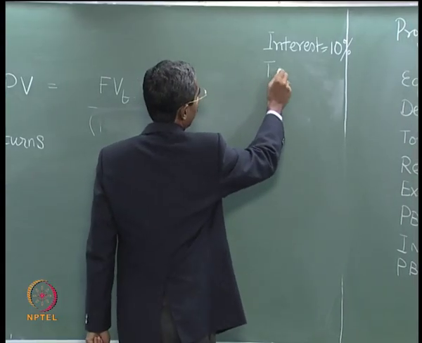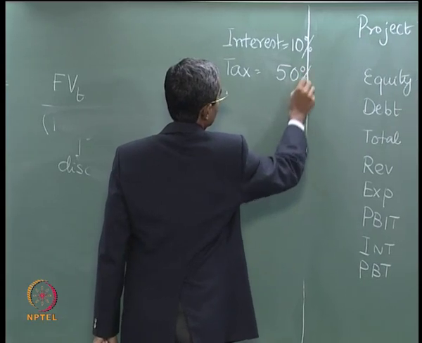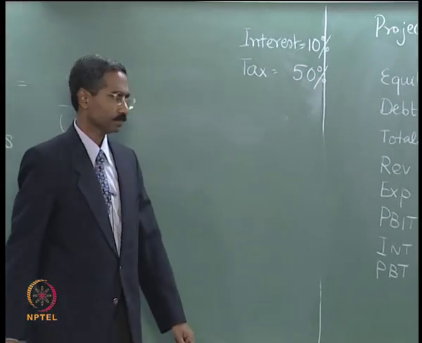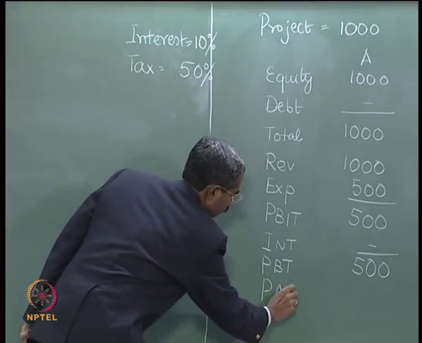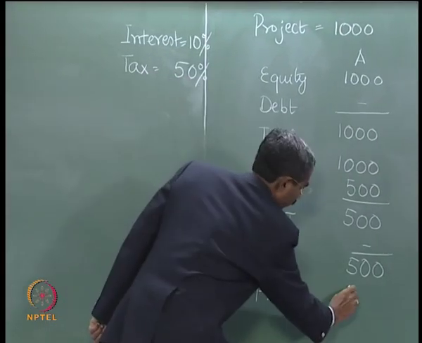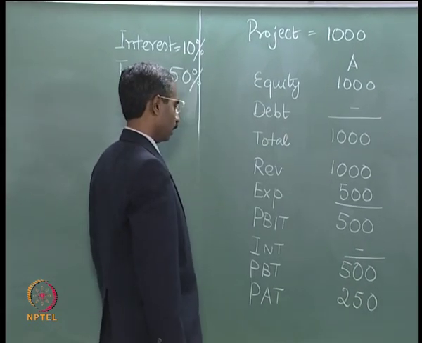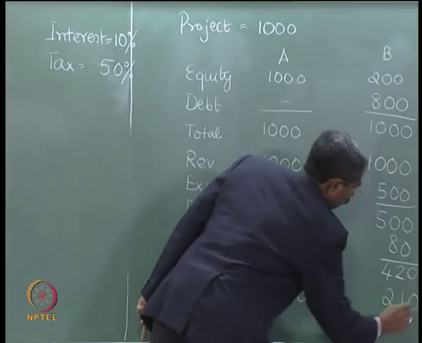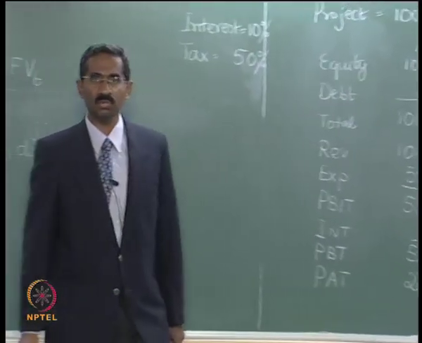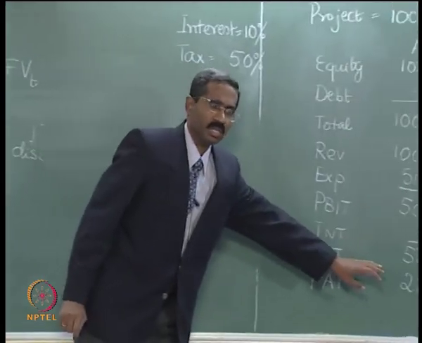If we assume tax, for the sake of simplicity, is 50%, the profit after tax will therefore be 250 in the case of company A and 210 in the case of company B. Now, what do we actually see here?